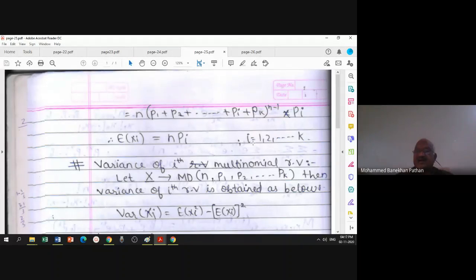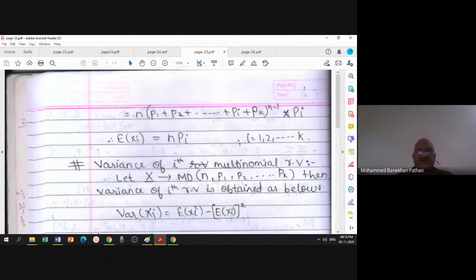What is i? It may be 1, it may be 2, it may be any number. Now you can correlate this answer with your first year knowledge. Under the remark, I told that any particular variable of a multinomial is a binomial, and we know the mean of a binomial is np.